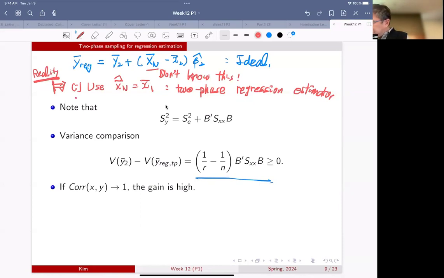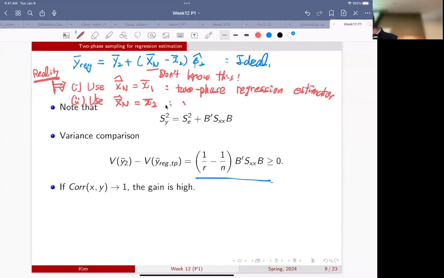The other option would be to do nothing, right? That means you just use the current sample. If you just use this one over here, then the second term is 0. So you are not really doing any gain, right?